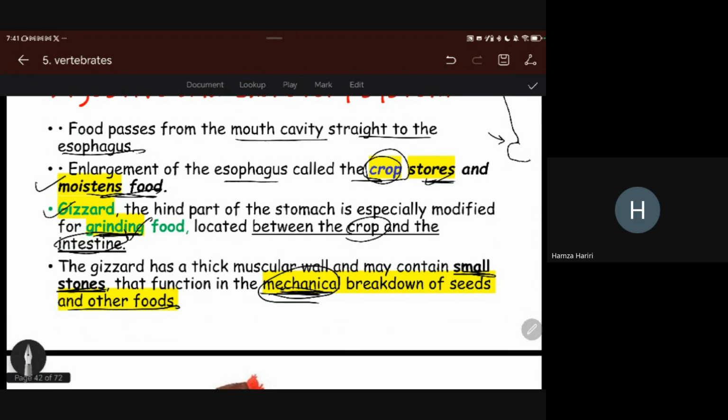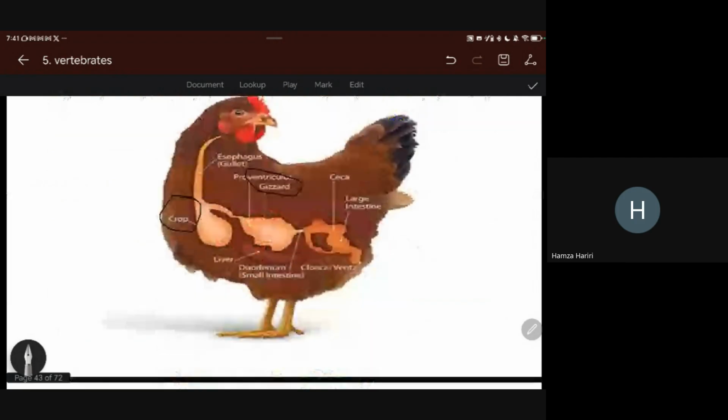One, the muscular wall. Two, the small stones that are present within the gizzard. So how does the grinding of food occur there? By the help of the muscular wall and the small stones present inside of it. Here, this is the gizzard, and this is the crop.